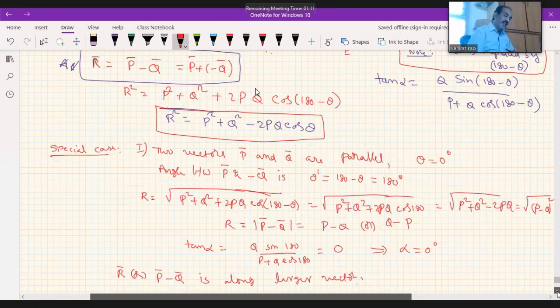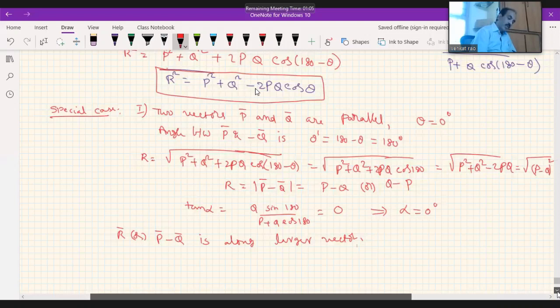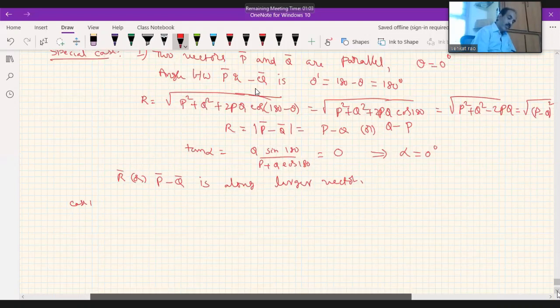In the same way, case 2. Sir, in the place where you wrote R bar equals root over P square plus Q square plus 2PQ cos of 180 minus theta, there we should replace theta with 180, sir. Theta is not 180. What is the angle between the vectors?